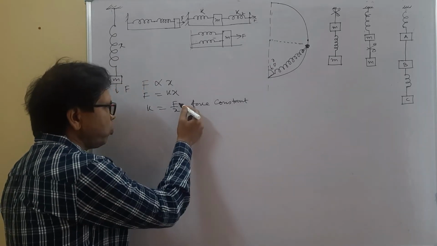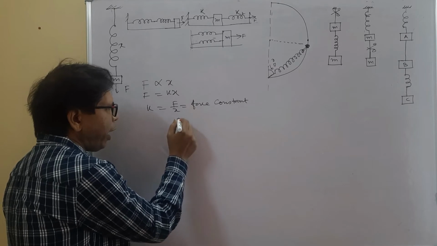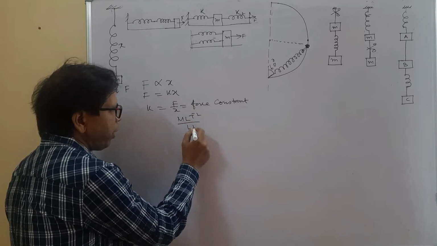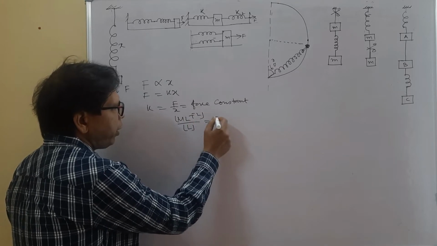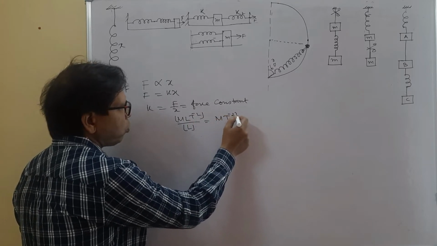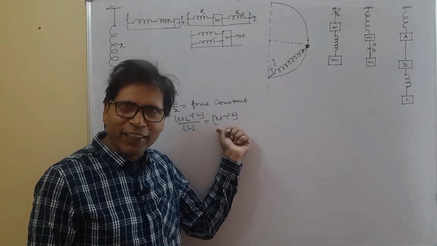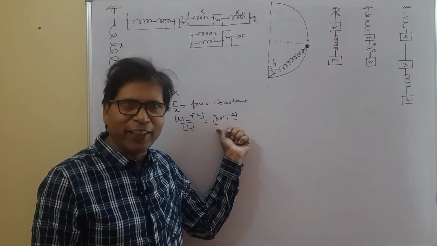Its unit is Newton per meter and its dimension is M L T to the minus 2 divided by L, so its dimension is M T to the minus 2, just like the dimension of surface tension or surface energy.